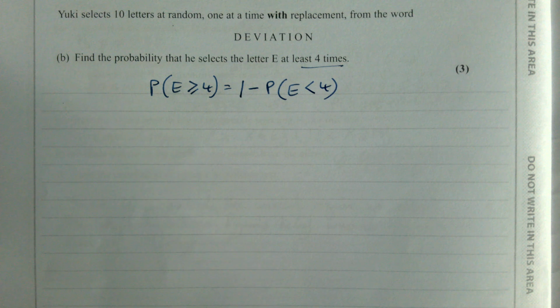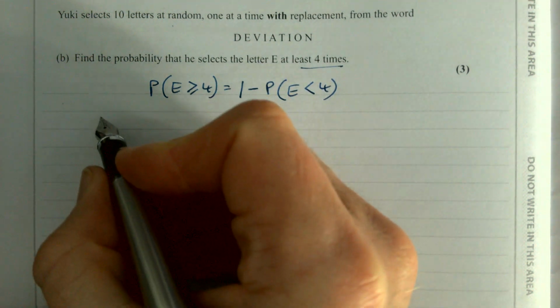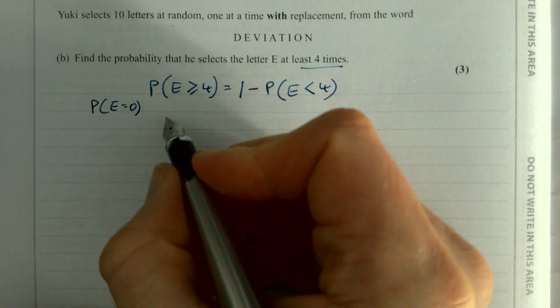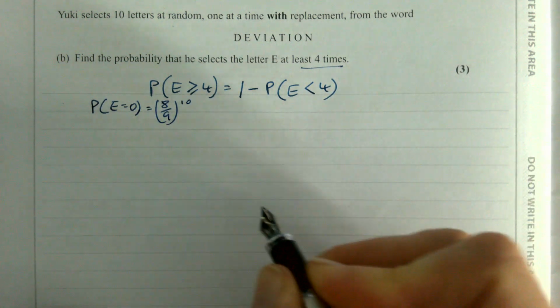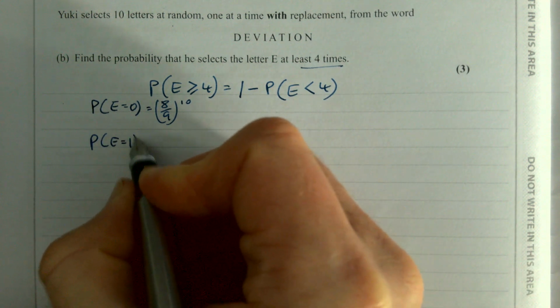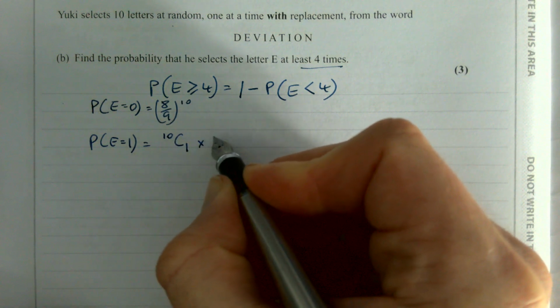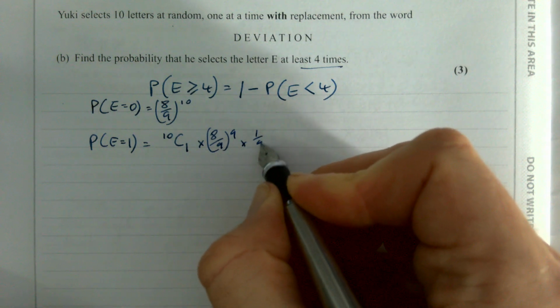That's just going to be quicker than working out 4, 5, 6, 7, 8, 9 and 10. The easiest one to work out is the probability that E is equal to 0, because that is just going to be 8 out of 9 to the power of 10. Then the probability that E is going to equal 1 is going to be 10 choose 1 times 8 over 9 to the power 9 times 1 over 9.